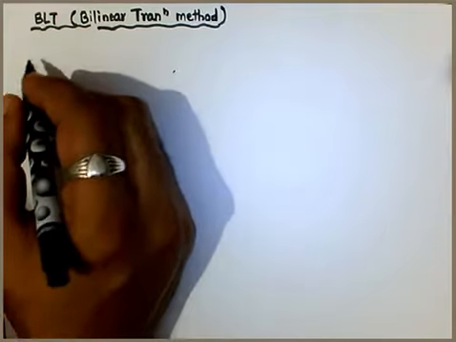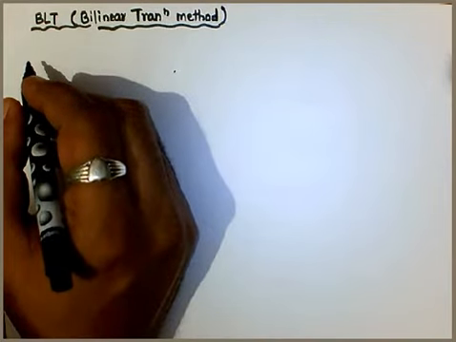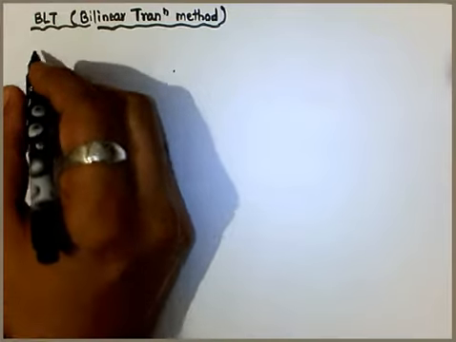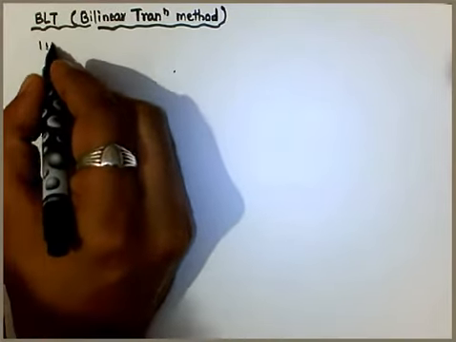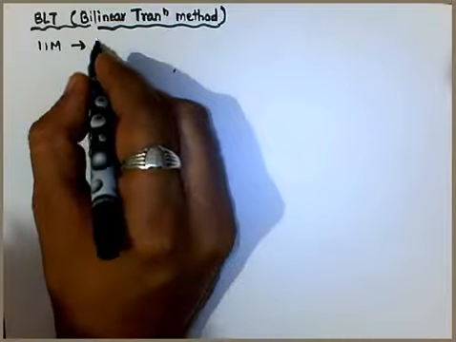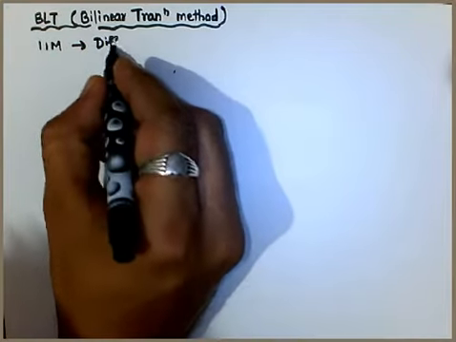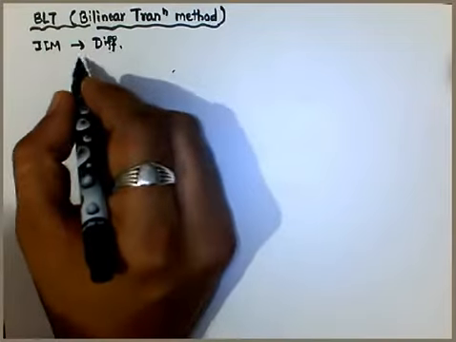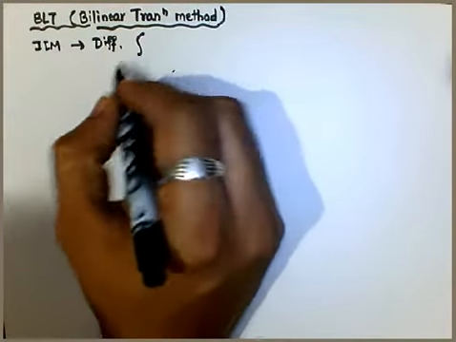So here the exact opposite circuit to that of the impulse invariance is considered. In case of the impulse invariance method, we considered the example of a differentiator, but right now for this method we are considering an integrator circuit.